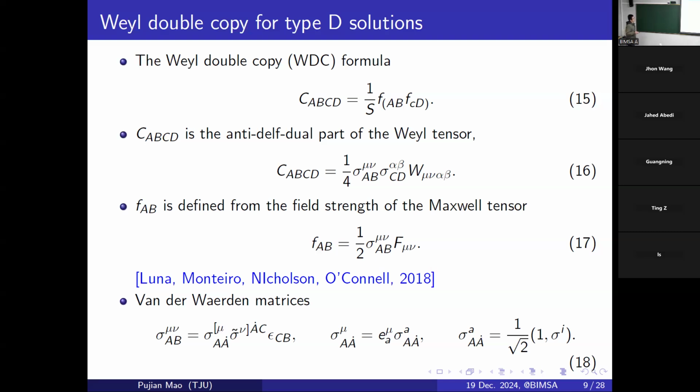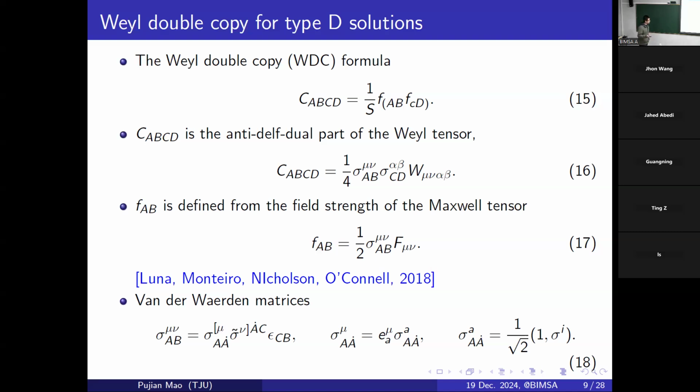Of course, you can ask, this is an algebraic relation. You can write whatever gravity theory as the product of these things. So why is this interesting? Because all the information is encoded in these scalar fields, and you need to check which equations the scalar fields satisfy.